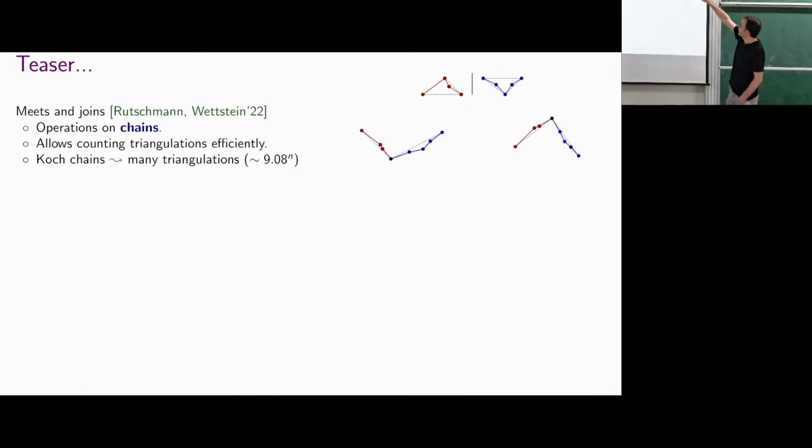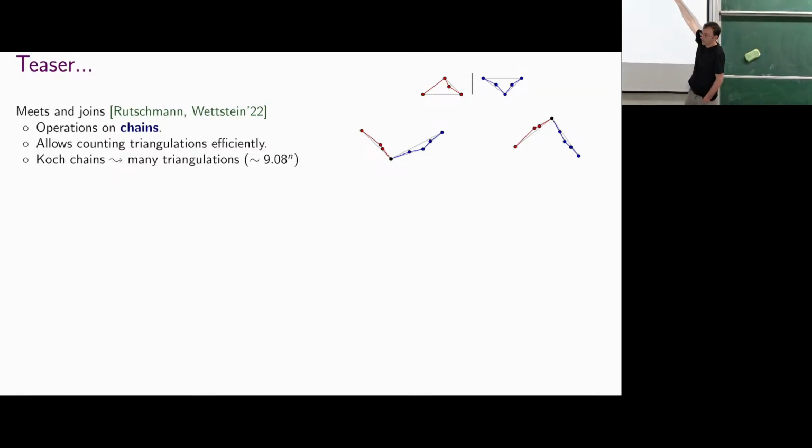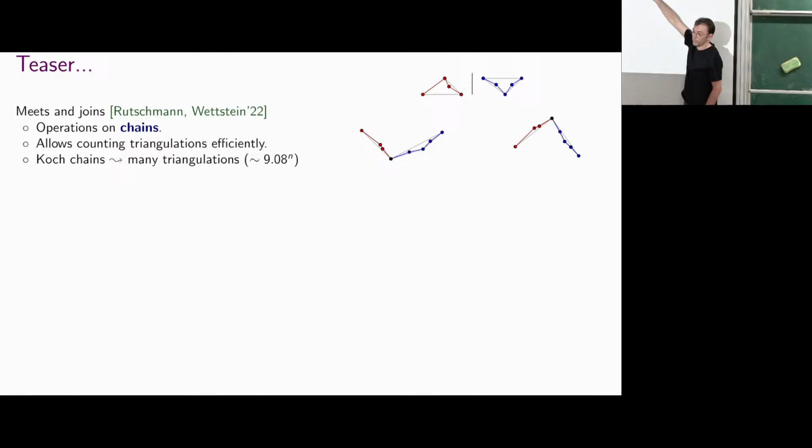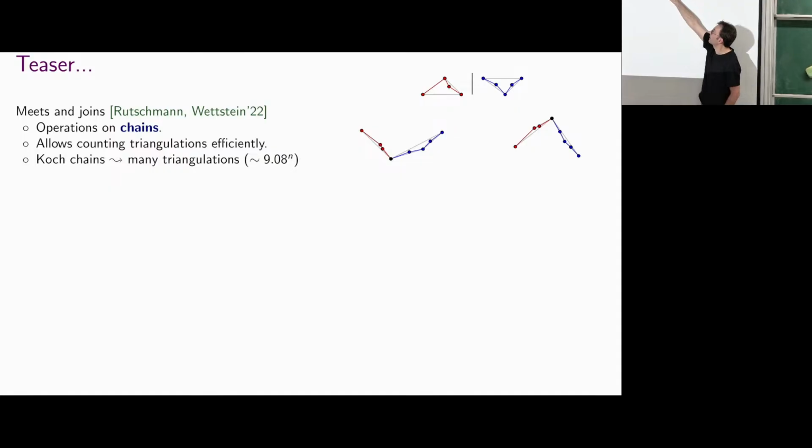So when you take these blue and red sets, they define 2 ways of combining them, which are like this. So what you should see here is that every line through 2 blue points passes below the black point, every line through 2 red points passes below all the blue points.